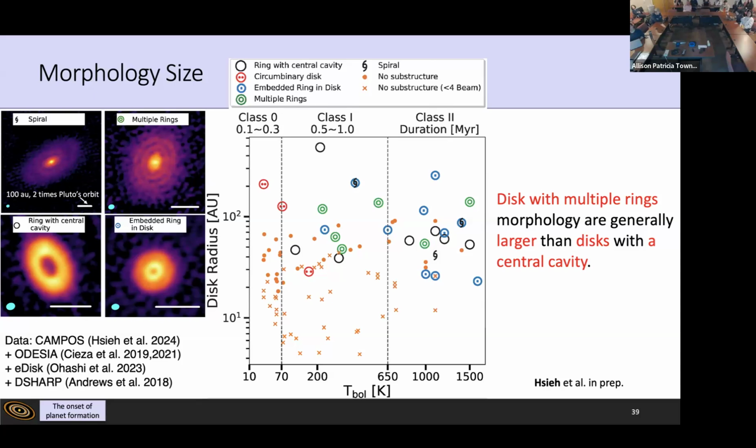The only tentative trend that I found is that the disks with multiple rings tend to be larger than the ring with the central cavity. But this is very small statistics, and also this could be due to observational bias.